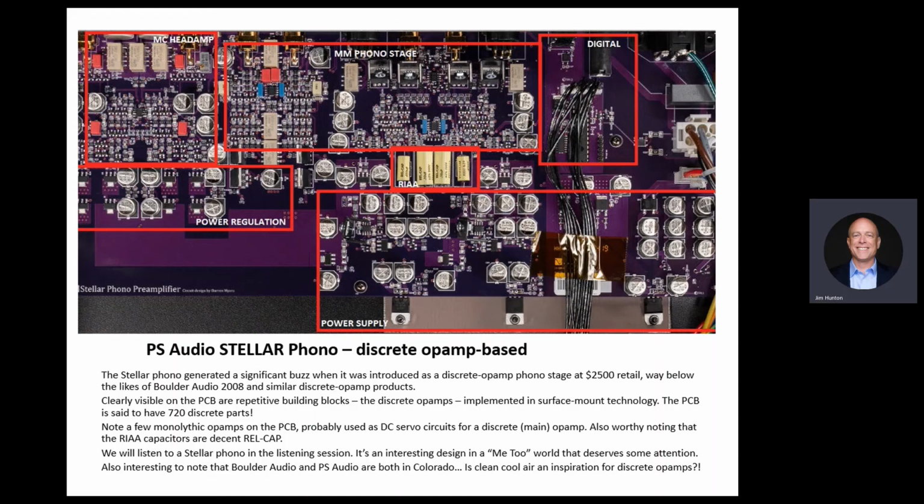We had an issue with the Stellar. There's selectable gain and loading. And then there was a variable, for the moving coil. Yeah, and Don had engaged the variable one and didn't know how to set it. It did not do well at all. Oh, really? And when he sent it back to PS Audio, they checked it out. They said it was fine.